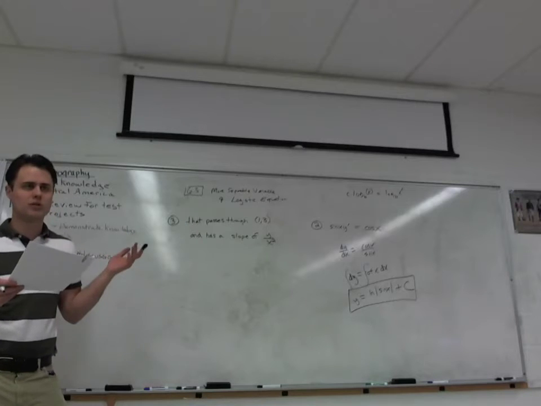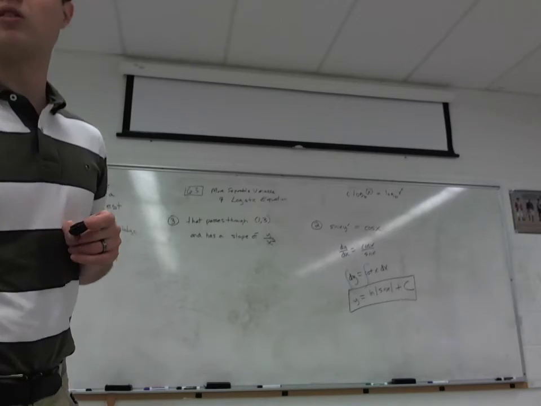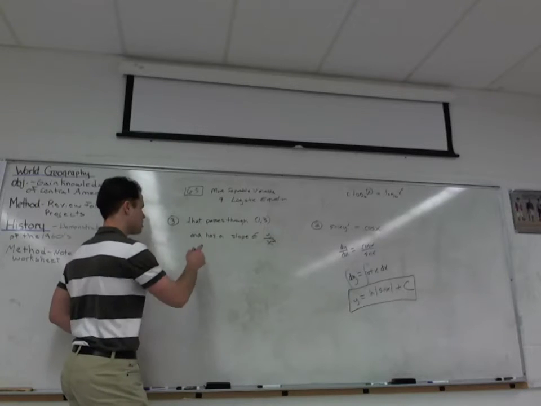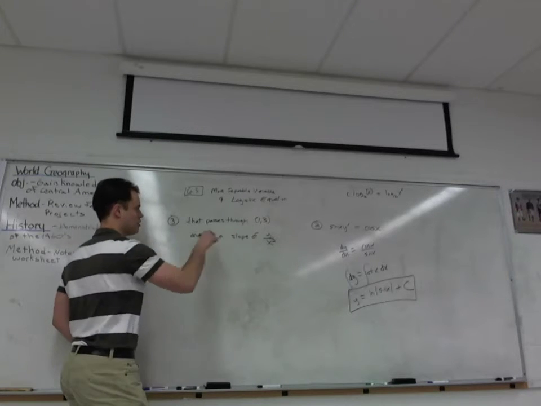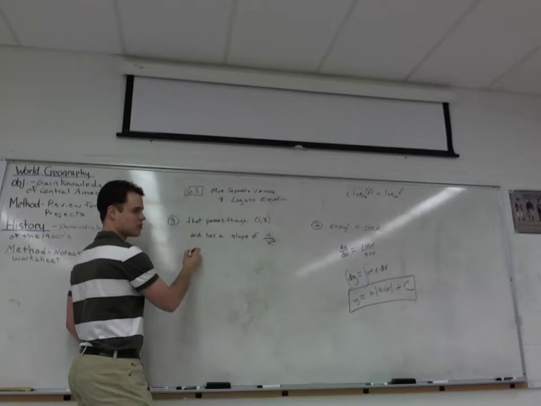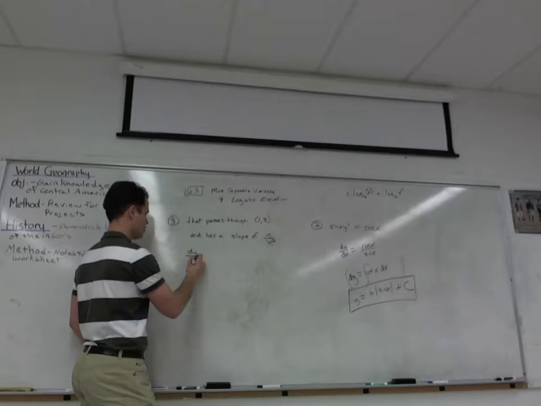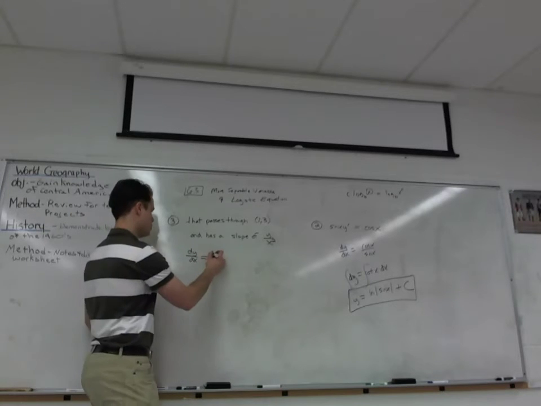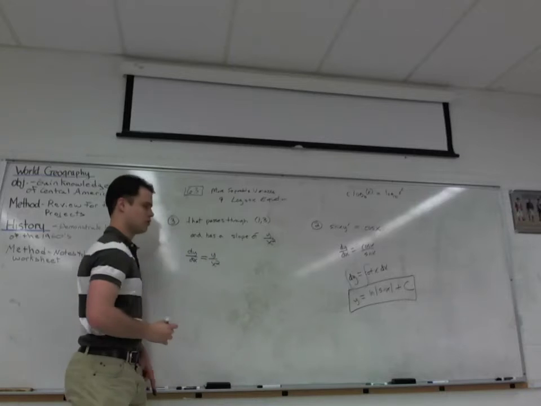The way that they phrase it makes it slightly different. But basically, if the slope is supposed to be that, well, how do you say slope in calculus? Rise over run in calculus is dy/dx. Make the slope y over x squared.